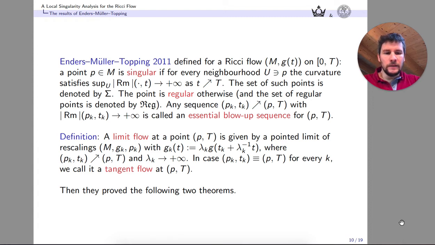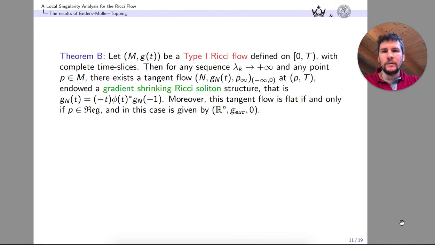Okay, in this result from 2011, we proved two theorems. One says if we have a global type 1 assumption, then for every sequence of rescaling factors lambda going to infinity, we can extract a limit flow, so we get this tangent flow, which exists now for all times from minus infinity to 0, and this flow has a gradient shrinking soliton structure.